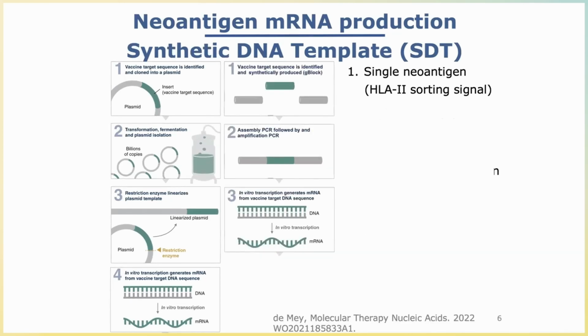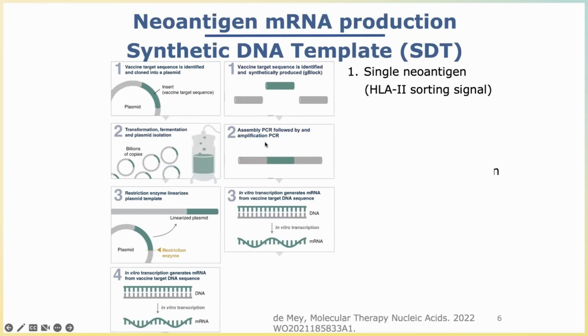And to circumvent that, we thought of a synthetic way of making the DNA template, and in that regard have a limitation or a restriction of the number of steps that are needed, as well as avoidance of bacteria. So what we do is we actually take the sequence of a single neoantigen, which is shown here in green, and we couple that in an assembly PCR together with 2 oligonucleotides that have a fixed sequence and that actually contain all components to make a messenger RNA.